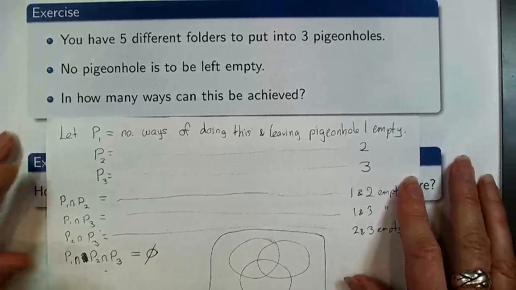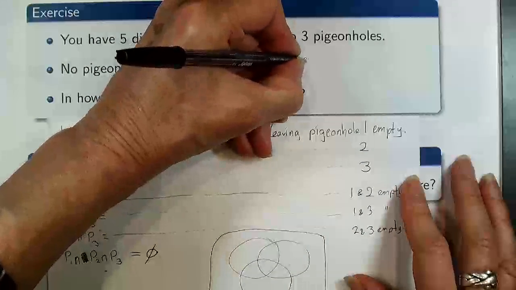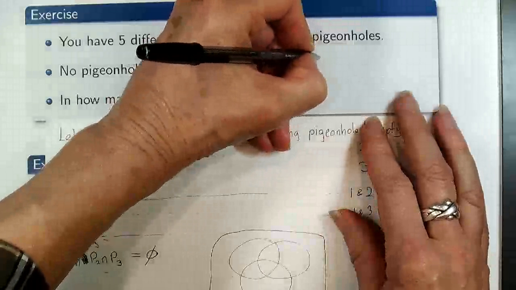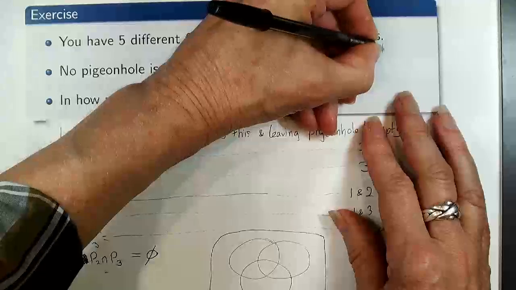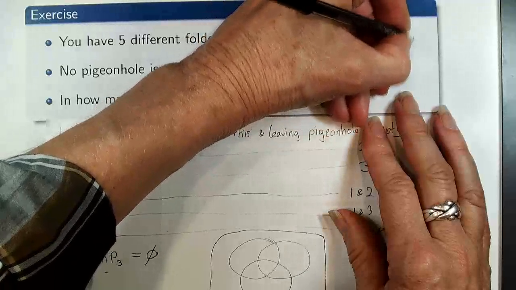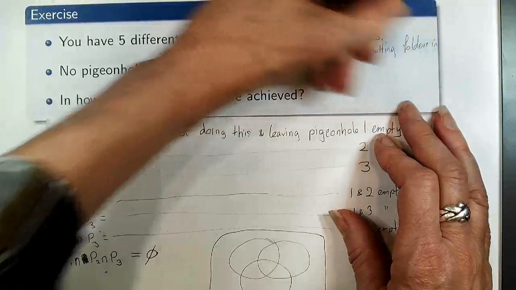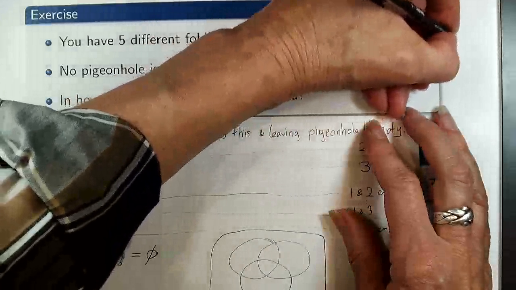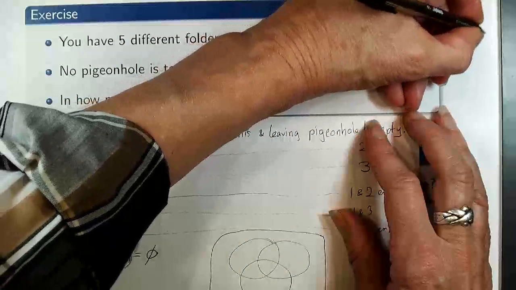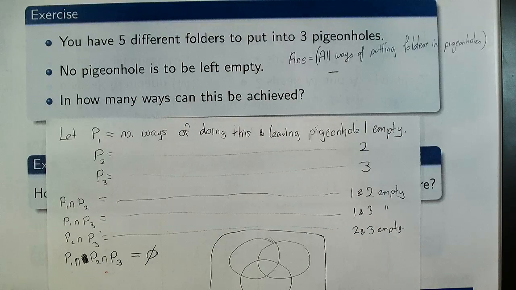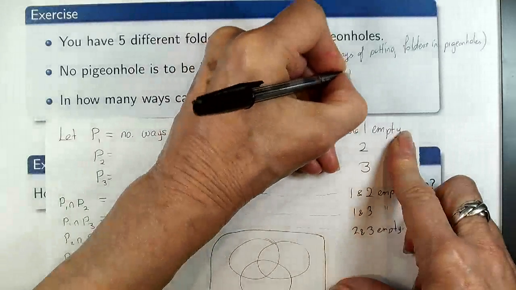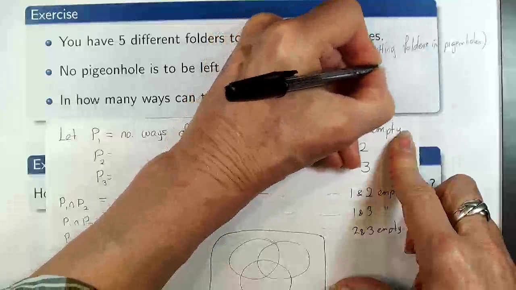So the answer is the total number of ways, all ways of putting folders in pigeonholes, minus the number of ways which are wrong for this, the number of ways in which 1 or more pigeonholes is empty, which is P1 union P2 union P3.